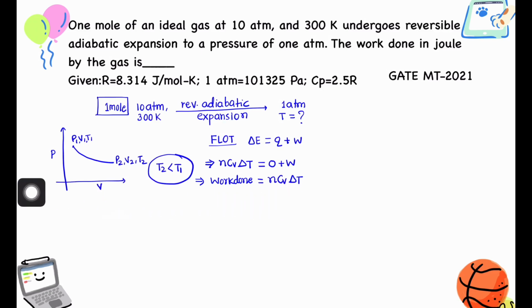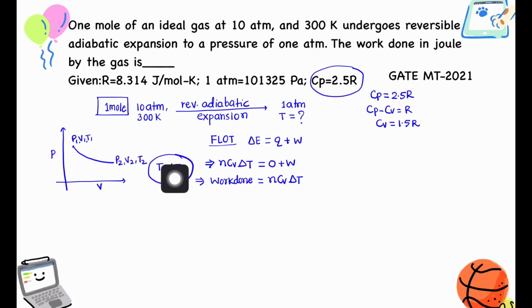Now Cp is given in the question, that is 2.5 R for the gas. So we know that Cp minus Cv equal to R. So Cv must be equal to 1.5 R. Okay.